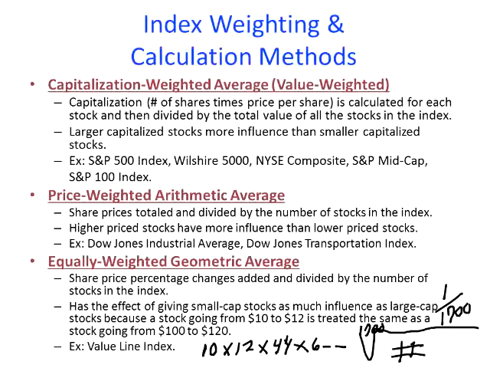Find that decimal, and then do your y to the x type of a calculation. That's how the geometric average is done on the Value Line index. Stock price times stock price times stock price times stock price, and that gives you the geometric average return. That's all it is.